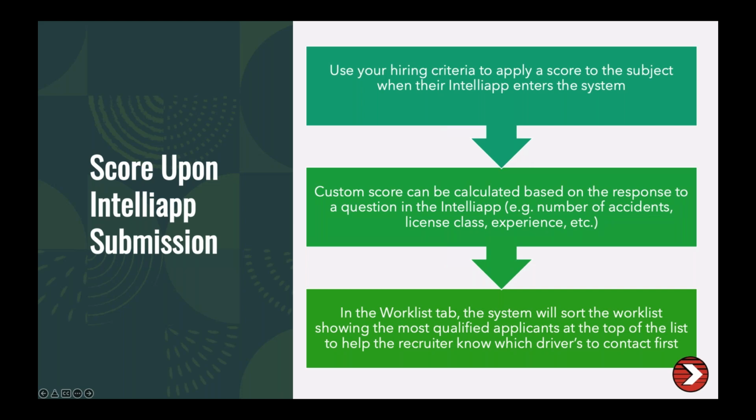There's a score of 100, there's a score of 80, etc., and they can see that score and prioritize it and sort the most qualified first to work their way down the list. They are still going to have to contact anybody with a lower score. And even if they have a lower score, it doesn't necessarily mean that they're not qualified. It just means they may have answered the question differently, depending on how your scoring is set up.